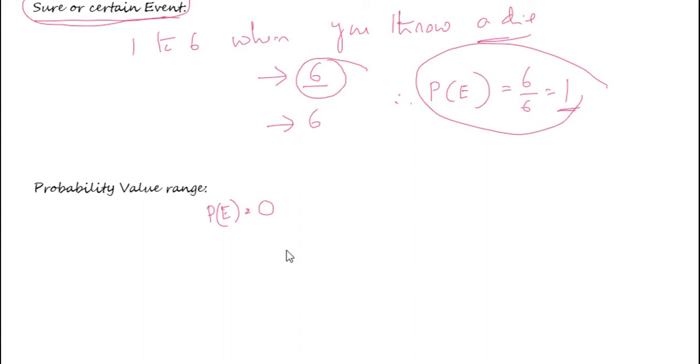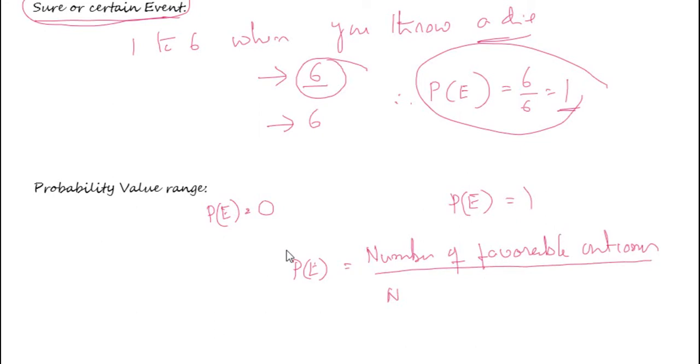For a sure event P(E) is 1, and we know by definition P(E) equal to number of favorable outcomes divided by number of all possible outcomes.